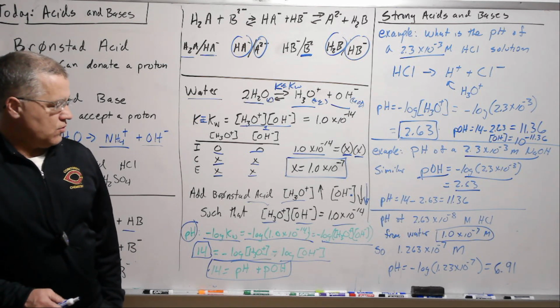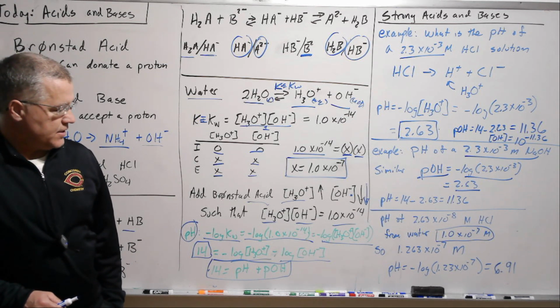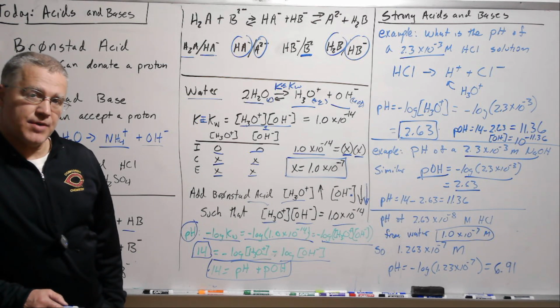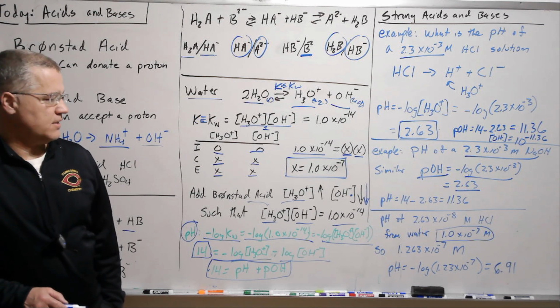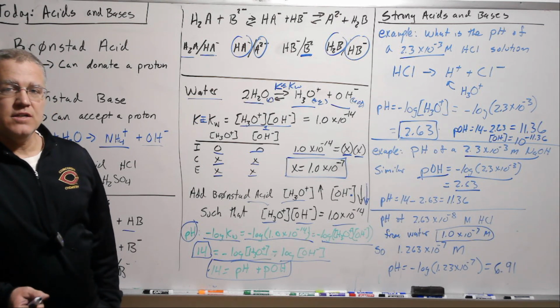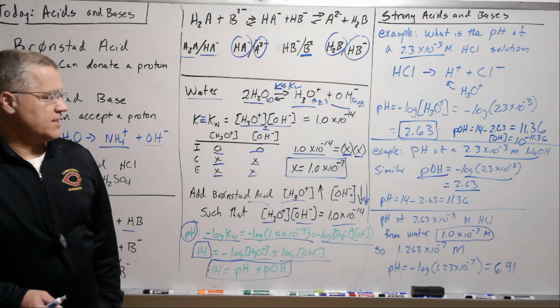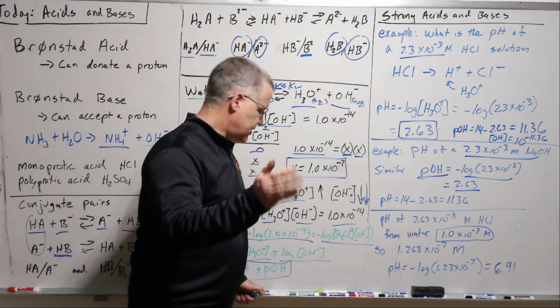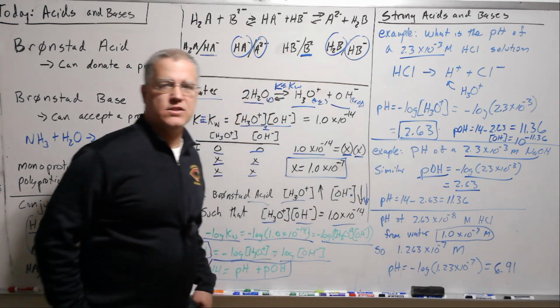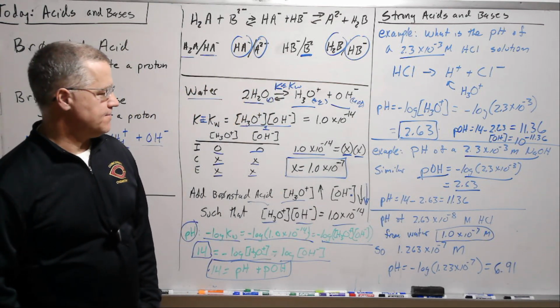And so we have roughly 1.236 times 10 to the minus 7 molar. And we take the negative log of that, and we get 6.91, which is acidic. So we've added a little bit more acid than what's there through the auto dissociation, and that's dropped our pH a little bit to 6.9.